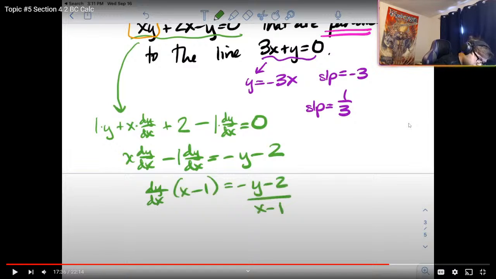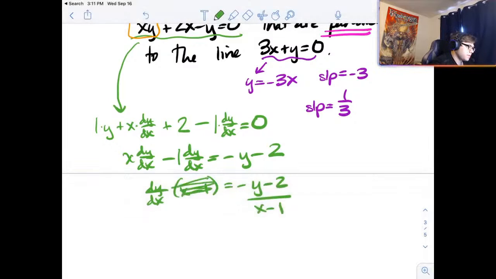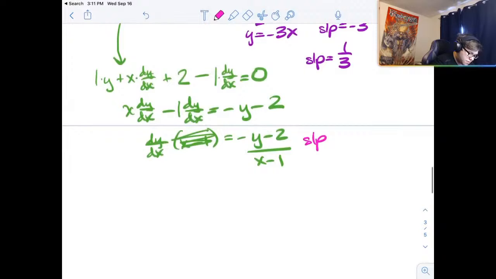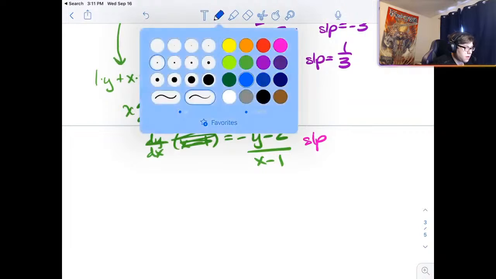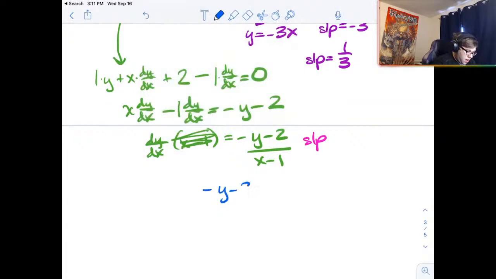Is equal to y minus 2 over x minus 1, would get divided over to the other side. So overall, the slope that we are working with here is a slope that can be communicated by negative y minus 2 over x minus 1. Remember, what we're trying to do in this question is take this slope and force this thing about being a normal trajectory to the parallel line of the other thing that was up there.